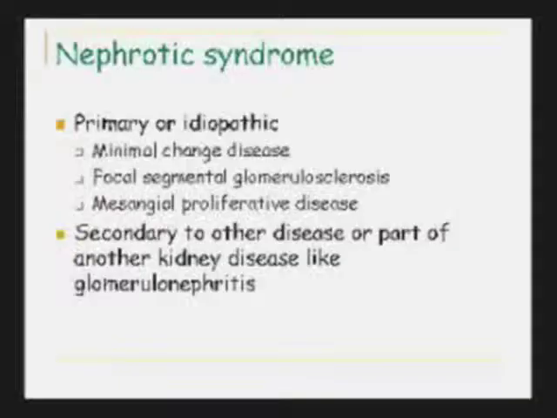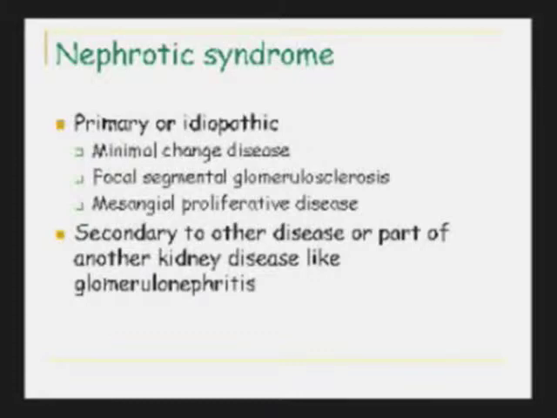So the diseases that are going to do this, a schematic that we're going to talk about today, are mainly going to be minimal change disease, focal segmental glomerulosclerosis, and then there's a mesangial proliferation kind of variant of these two that is not always separated out, but sometimes you'll see it separated out, and people will say that they have mesangial proliferative disease.